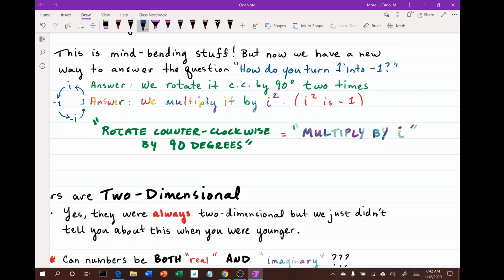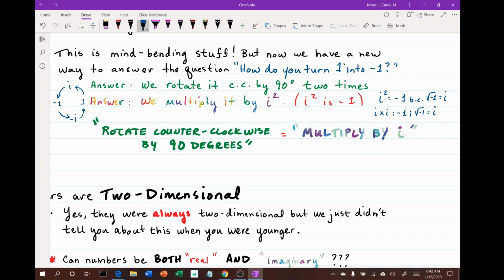Remember, i squared equals -1, because the square root of -1 equals i. Right? So by our rule, i times i has to equal -1, so that the square root of -1 could equal i. This is the whole point.